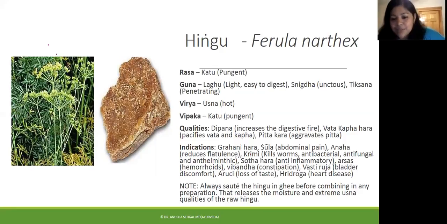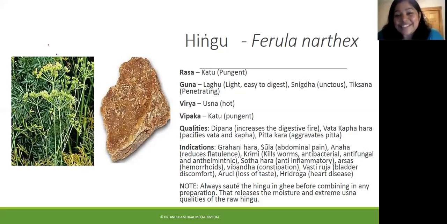So similar indications: grahani, shula, anaha, shotha, arshas, vibandha. Here also vata ruja, because this has a specific action in moving the apana vata down. So my nieces and nephews, they don't like hingu, or asafoetida, at all, because they say that whenever they have this or whenever we put it in the food, it makes them fart a lot.